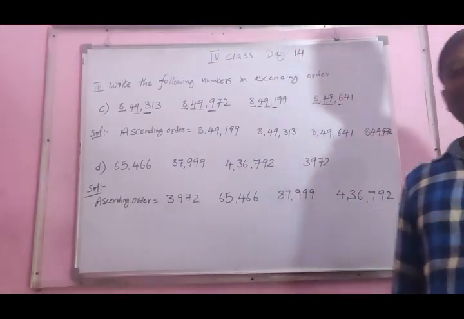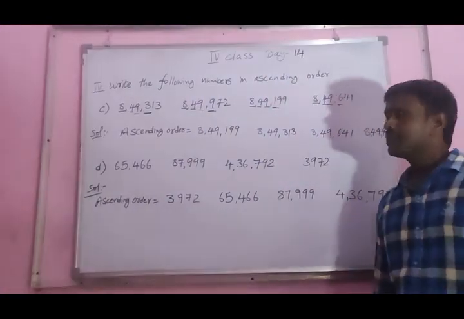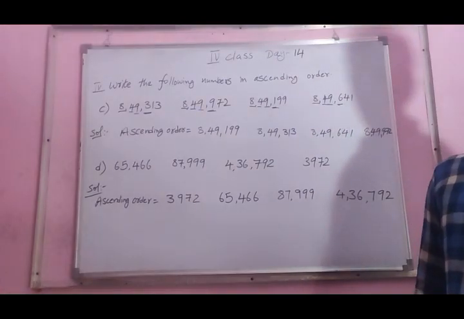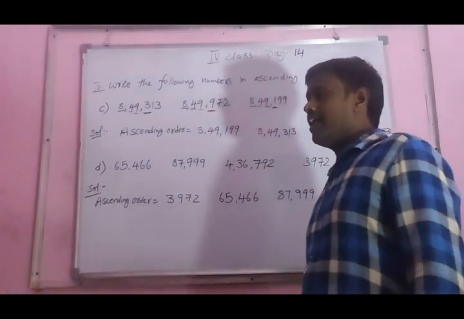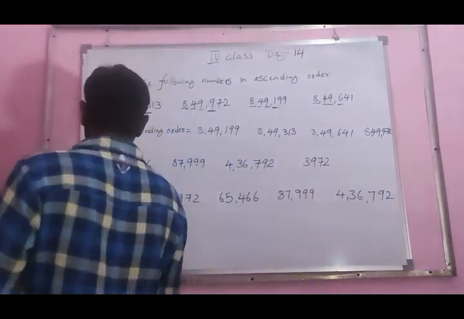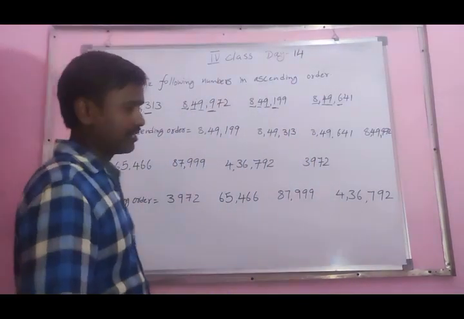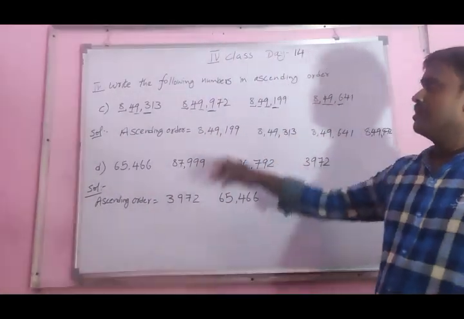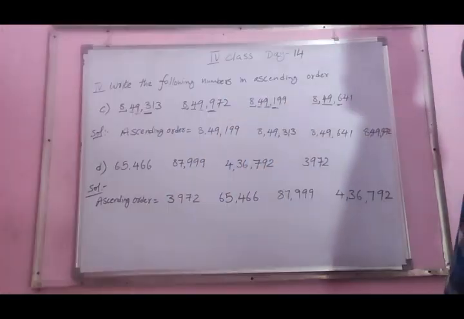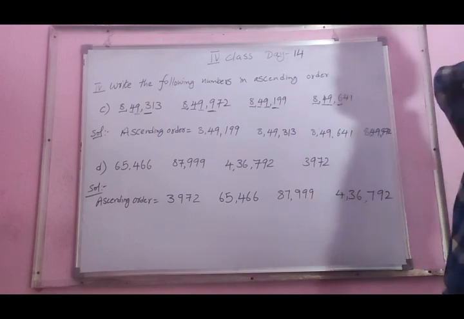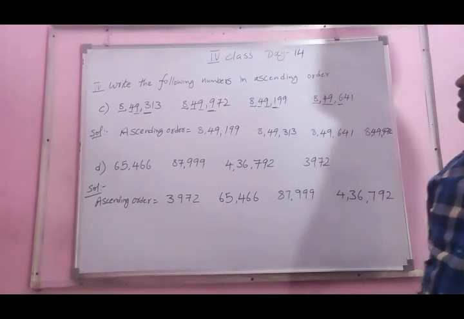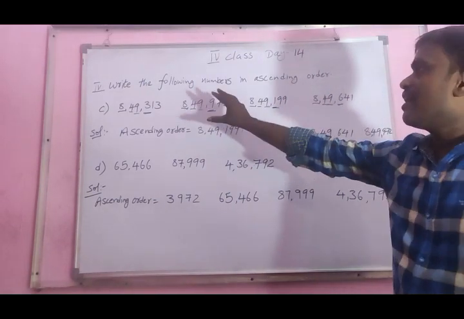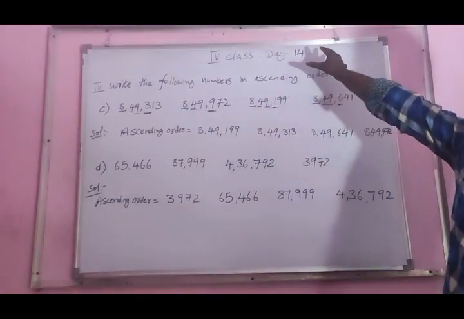Okay, what have we learned today? Ascending order, C and D. Ascending order means small number to big number. So in C, the lakhs place, 10,000 place, and 1,000 place are the same for all given numbers.